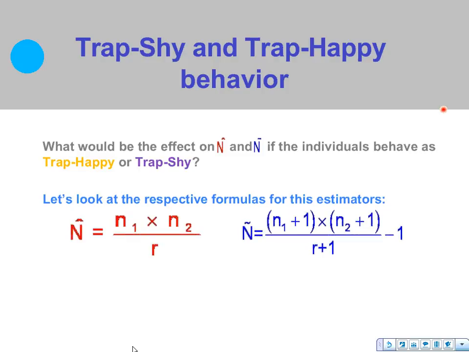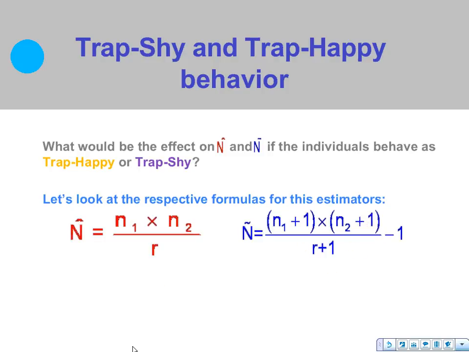If you look at the formulas, what would happen with the trap-happy behavior? What do you think will happen? So with the trap-happy behavior, what do you expect on the second captures? You expect to get many individuals that are marked or not? Yes. So what happens is that our R in the second capture will be much larger than what it should be.